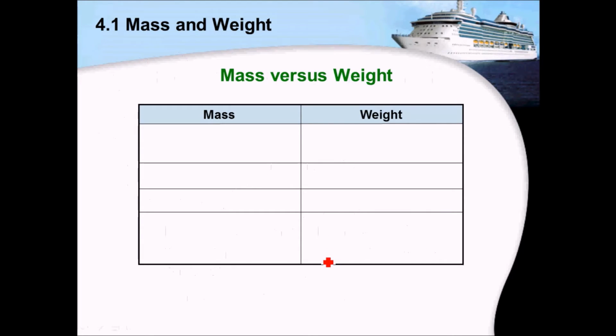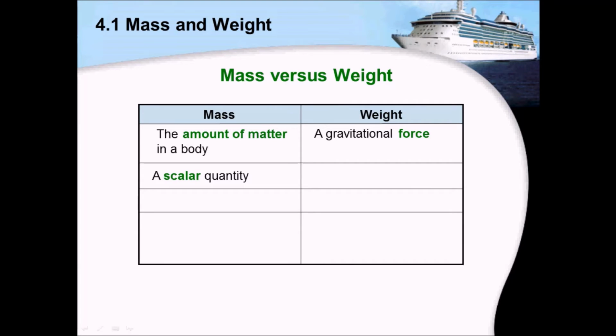So let's summarize. What's the difference between mass and weight? Mass is the amount of matter in a body. Weight is the gravitational force. Mass is a scalar quantity. Weight is a vector quantity. The SI unit of mass is kg. Weight is in Newton.